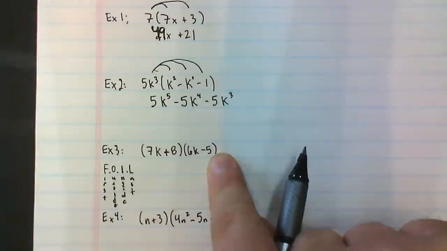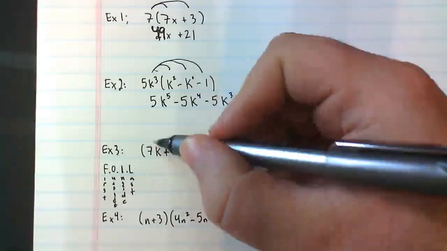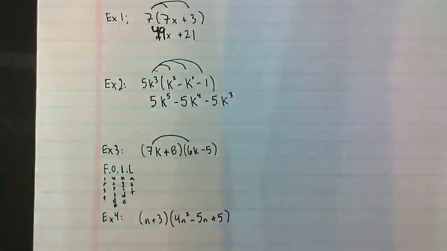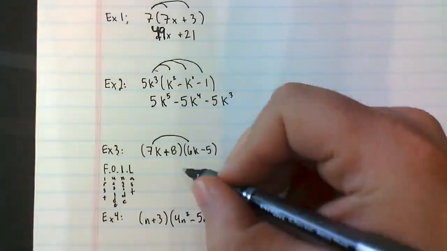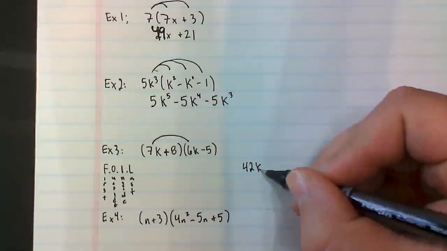Man, that's just ugly. Look at that squared. I'm going to rewrite that. That's just ugly. 42k squared. Way better. 7k times negative 5 is negative 35k.